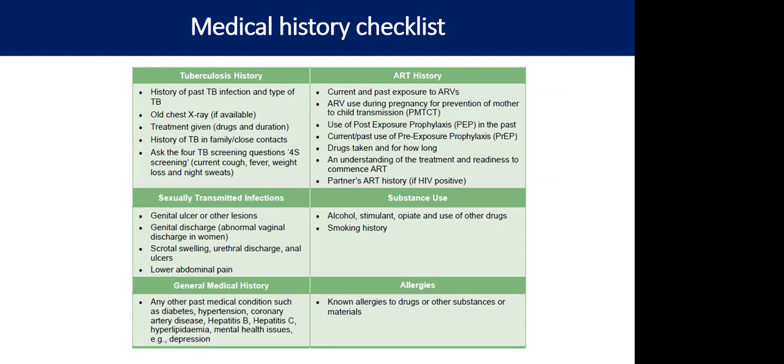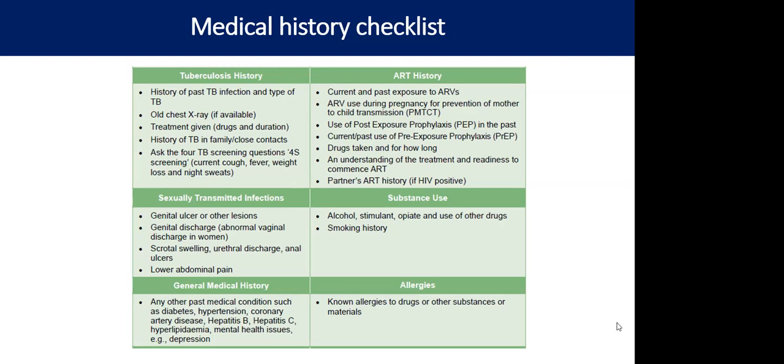Understanding of the treatment and readiness to commence ART is very important, because the patient or the client is going to commit to a lifelong treatment. So the patient has to understand the nuances of the therapy and the benefit the person is going to have. Having ART lifelong is important. That has to be emphasized. And the partner, in case of a concordant relationship, we need to look for the antiretroviral history.